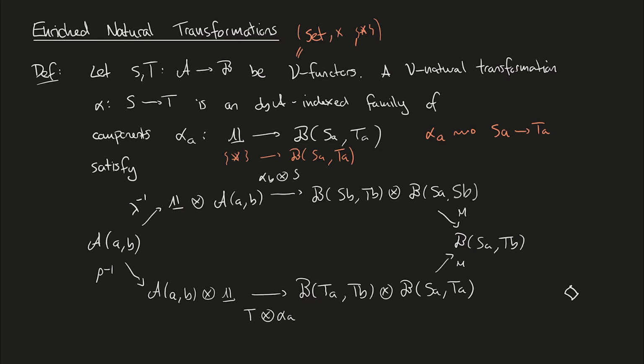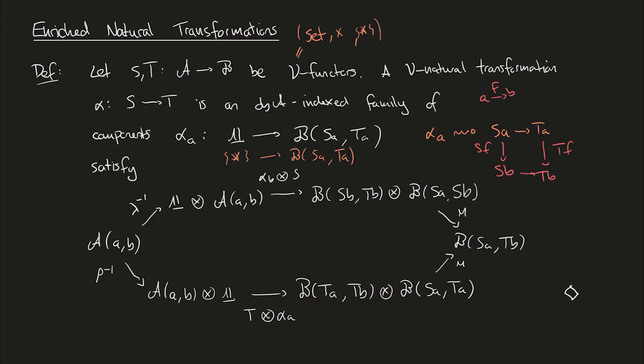Now we need this family of components to satisfy the naturality condition, which is if we're given some arrow f from A to B in the category A, then we need the following square to commute. So we can lift f under S to Sf, which goes from SA to SB, or we could lift it under T to Tf, going from TA to TB.